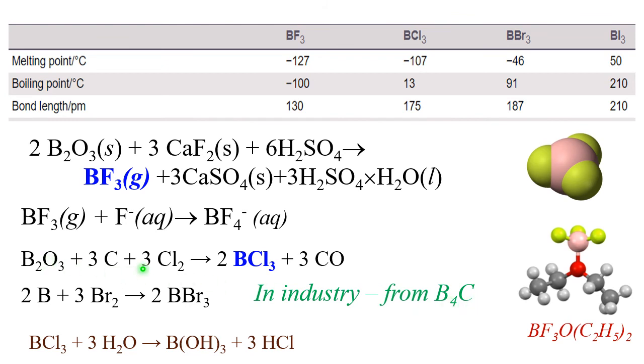Again, reaction with carbon and halogen. All halogenides of boron easily react with moisture or liquid water to give boric acid and HCl, HBr, HF, whatever acid we are using.